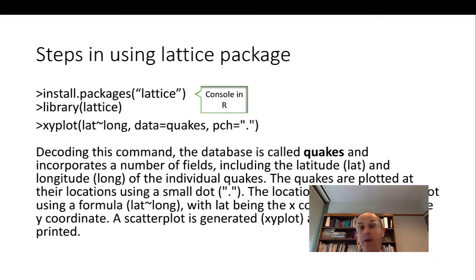So you install the package, you load the Lattice library, and now comes the issue of the arguments. In this case, it's called xyplot, and it gives you the idea that there are two conditions, lat and long, and the data is quakes, which is the database we are using in this set.